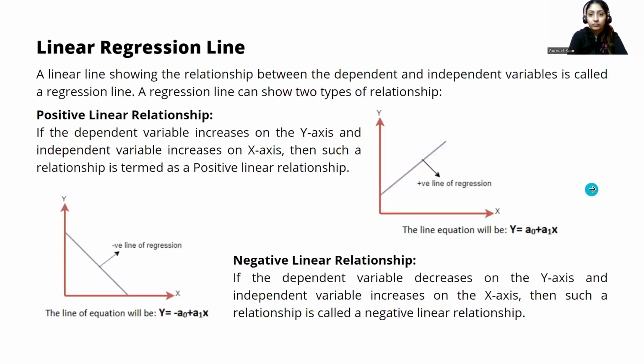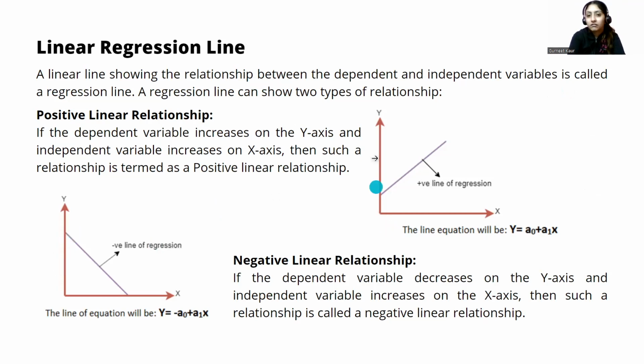Now, a linear regression line. A linear regression line shows the relationship between the dependent and the independent variables, and it can be of two types, positive and negative. If the dependent variable increases on the y-axis and the independent variable on the x-axis also increases, then the relationship is termed a positive linear relationship.